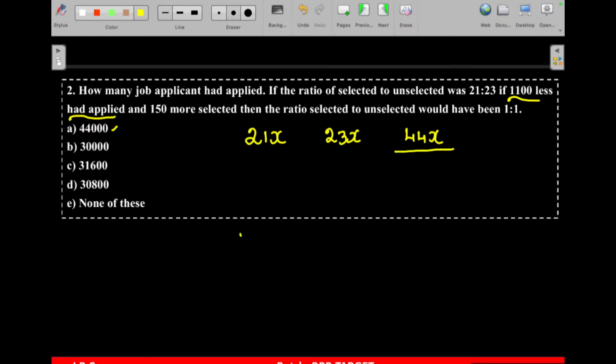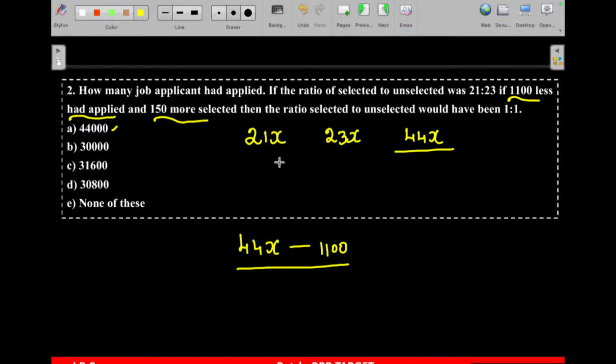Initially 44x members are applied. Instead of this, now 1100 members are less applied. Clear? Now very important: 150 more members are selected.